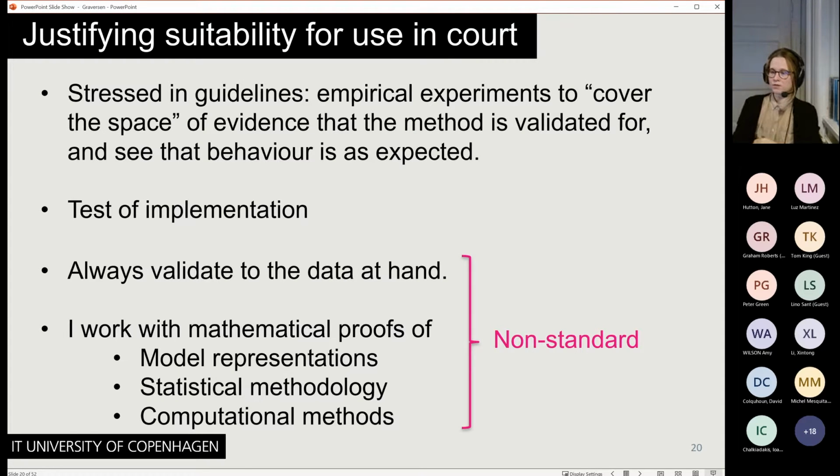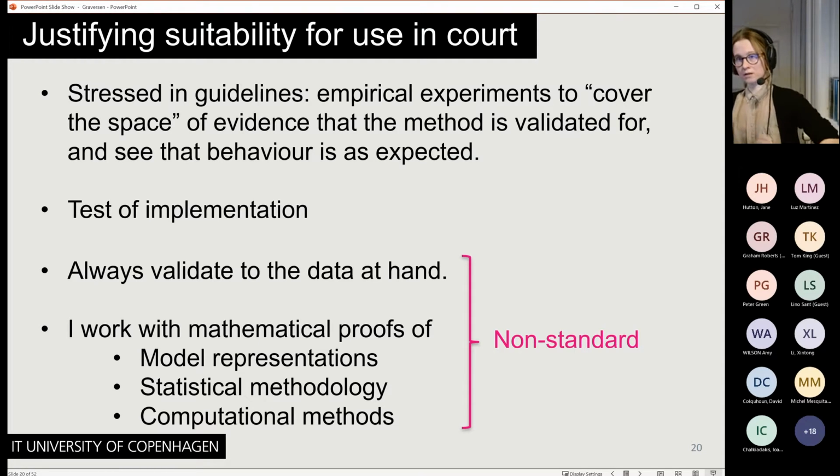Right. So let's talk a little bit about validation. I spend a lot of time thinking about this, and there are many guidelines on this from the Forensic Science Regulator, and also quite a few from the RSS over the years, and the Forensic Genetics Society also has some.